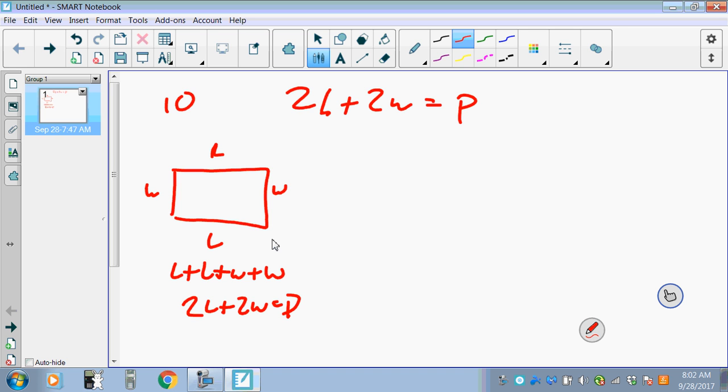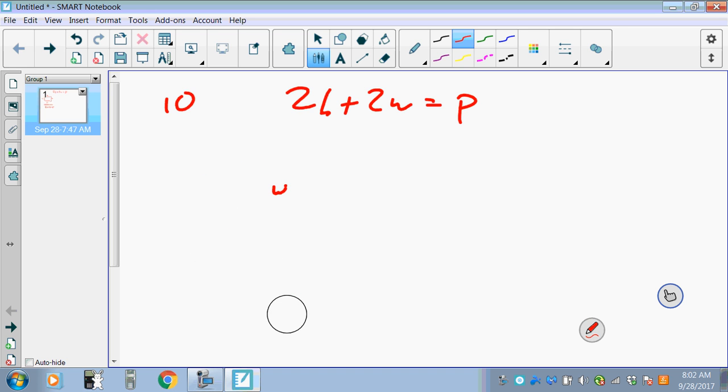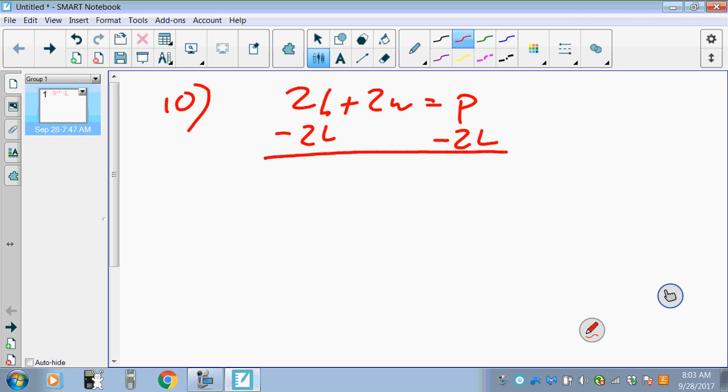So again, this is actually a real formula. Part of the reason I like this book is that they didn't just give you a bunch of numbers, they actually gave you some things that were real. And they want you to solve for w, okay? So the first thing we're going to do is subtract 2l, because we're trying to get w by itself. I would find 2w is equal to p minus 2l. And then we want to divide both sides by 2.